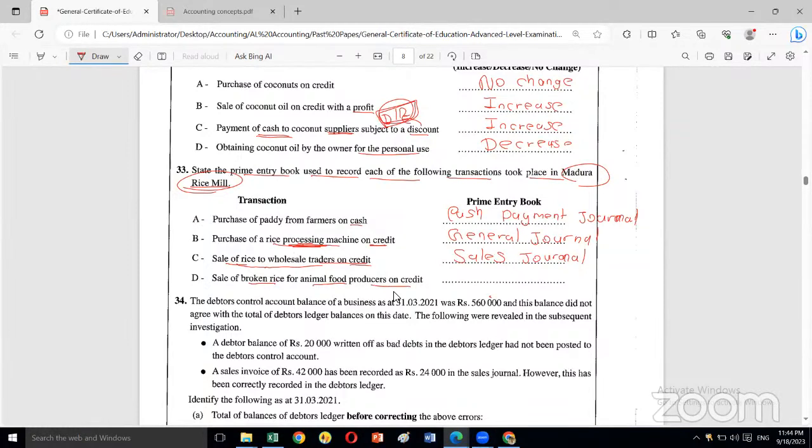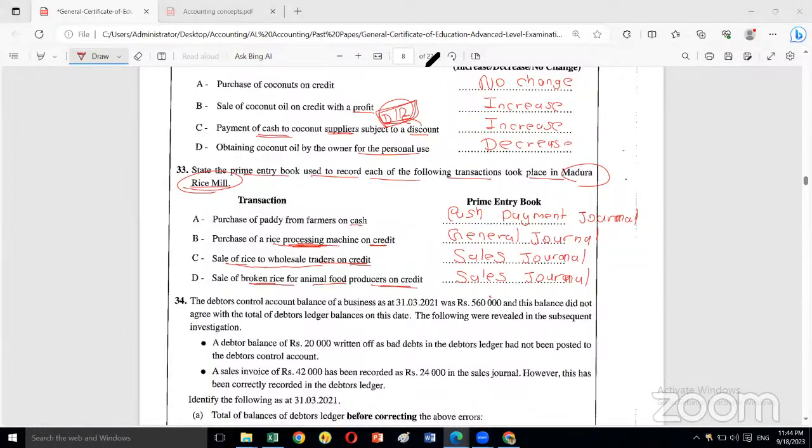They are selling trading goods, not to the normal general public but to animal producers, and I sold it on credit. We should record it under the sales journal. So this is the answer. First one, cash payment journal. Second one, general journal. Third one, sales journal. And fourth one is also a sales journal.